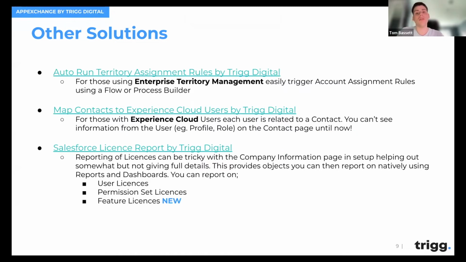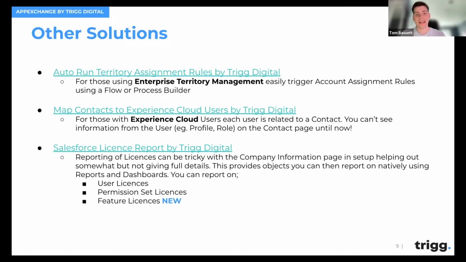So using this app, you can call your account assignment rules using Flow or Process Builder, so that if you have an automation that changes the account country, for example, you can then directly run the assignment after that has happened. The next one is for anybody out there that's using Experience Cloud.